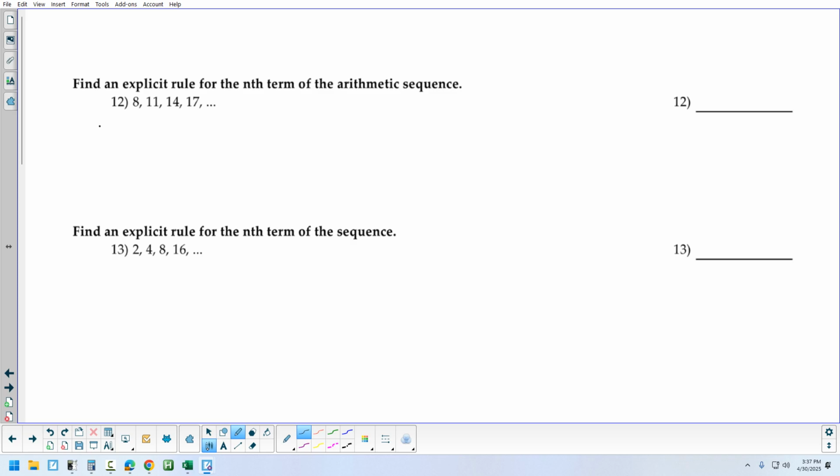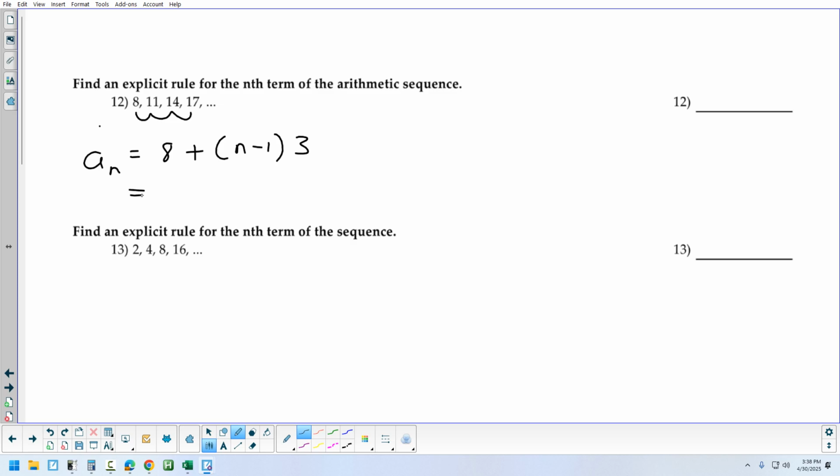So what is the formula that we use to convert that into an explicit equation? 8 plus, in parentheses, n minus 1 times 3. 3, yep. So the formula is the first term plus n minus 1 times d, and d is what you add each time to get from one number to the next, which is 3.